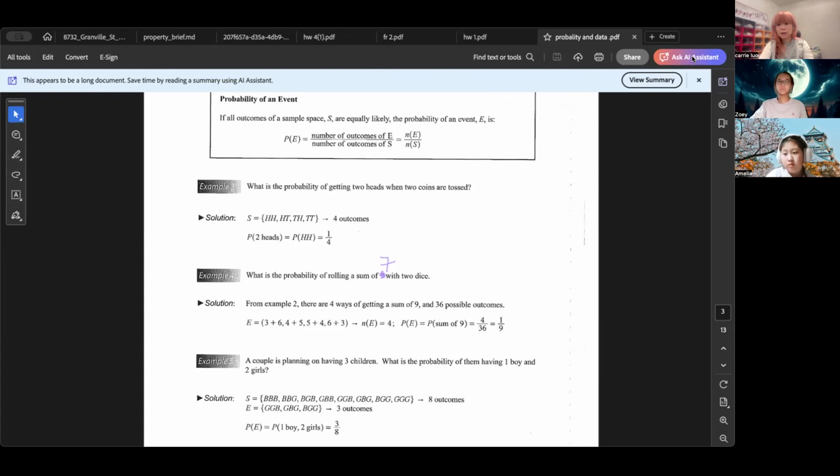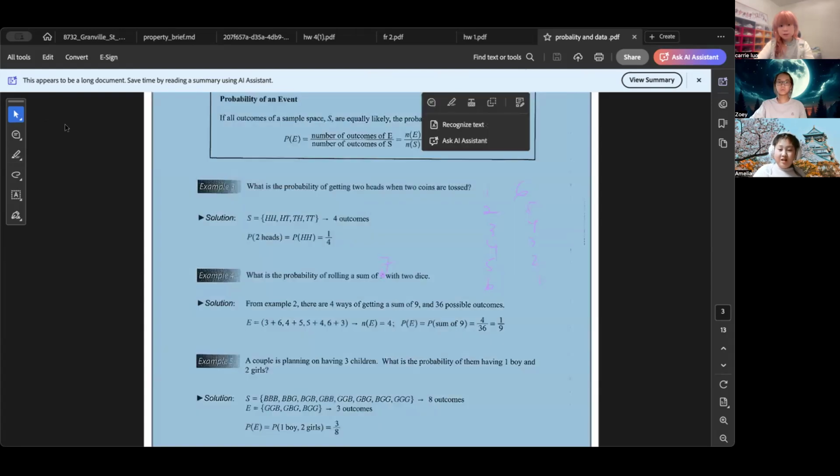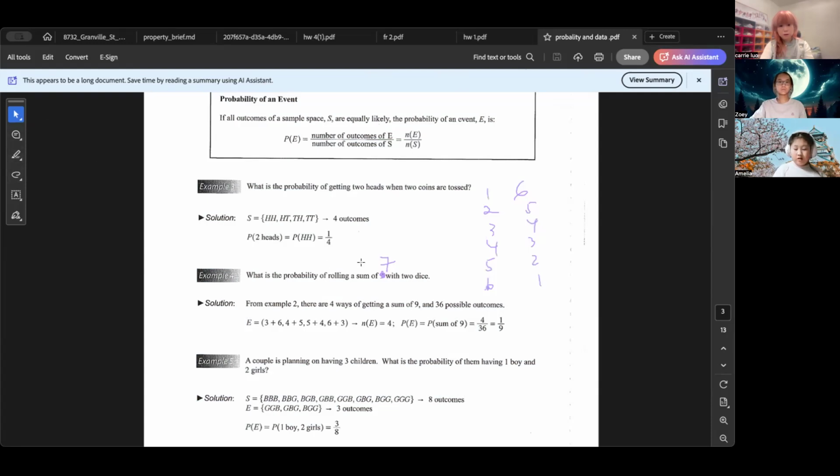There are only 3? Count again. So 1, 6, 2, 5, 3, 4, 4, 3, 5, 2, and 6, 1. Get it? So that's 6. So it's 6 out of 36 equals 1 over 6. Its percentage is 16.67%.